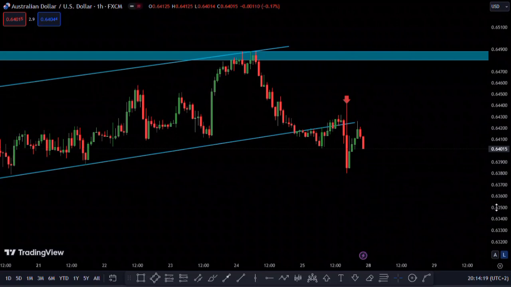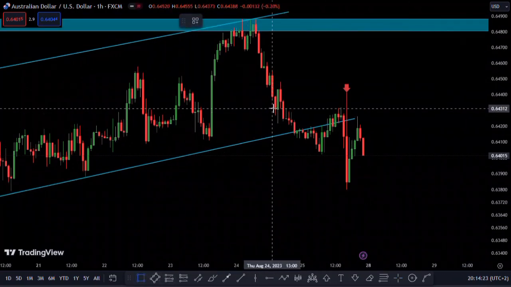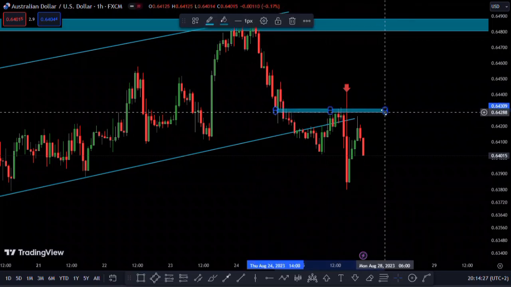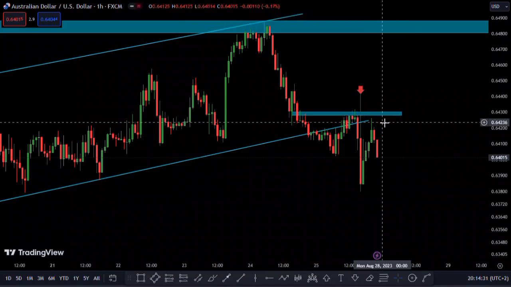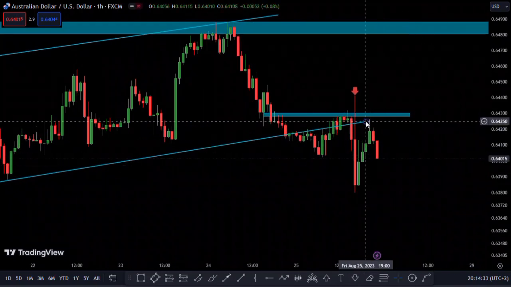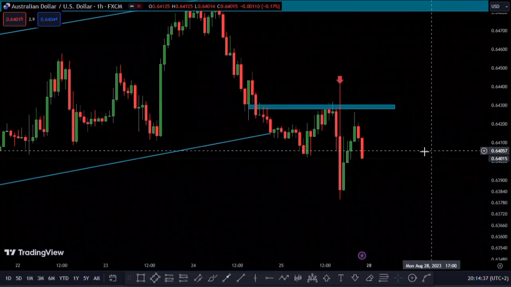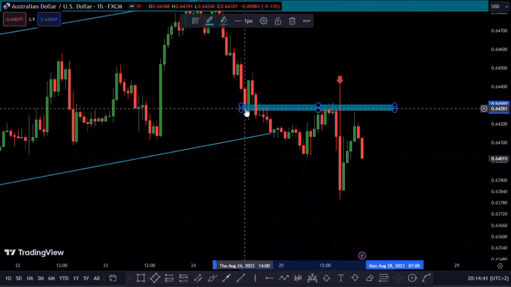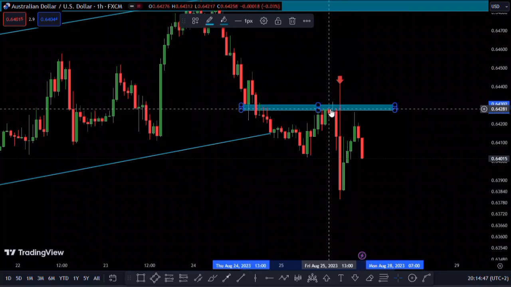So I'm going to try to look for a certain zone. Okay, here is that zone. We can see that we had a pullback at this point, and then we also had a pullback at this point.